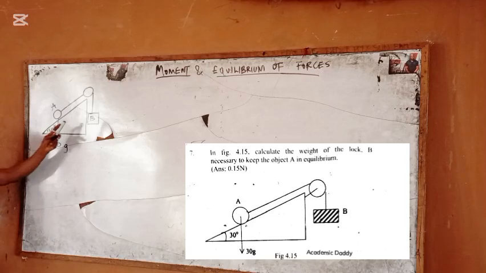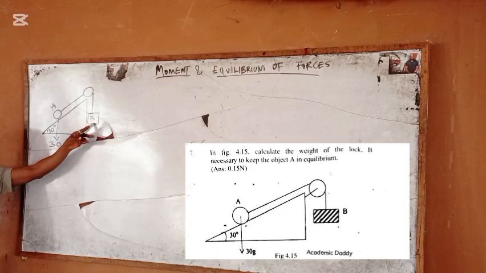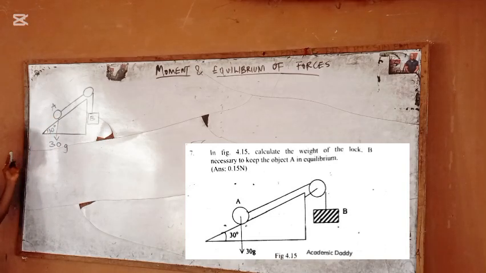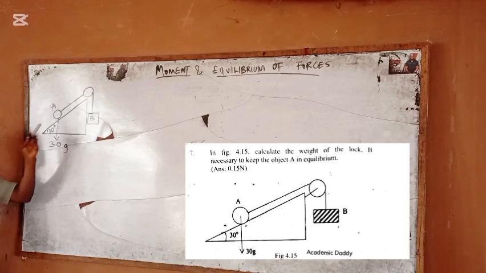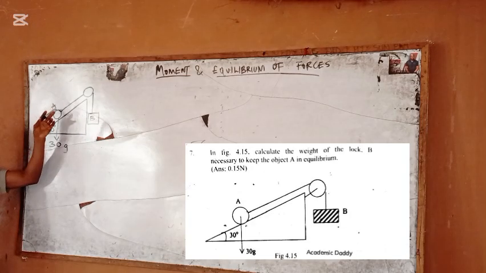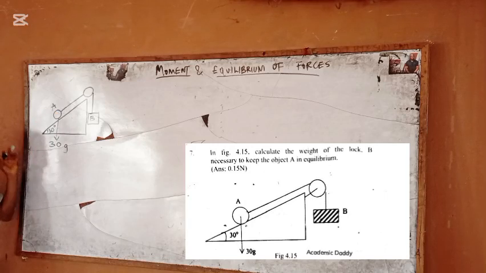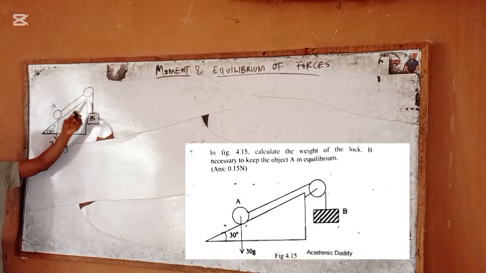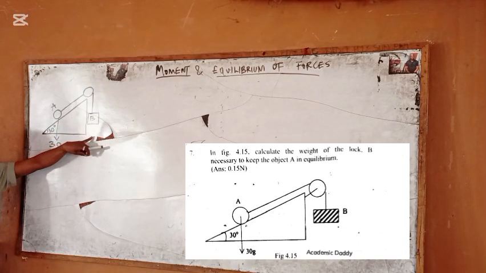They're asking us to find the weight of this one that will keep this one in equilibrium. By equilibrium, they mean a situation whereby this particular one is no longer moving. As B is now, if its weight is more than this, it will move until it falls to the ground.